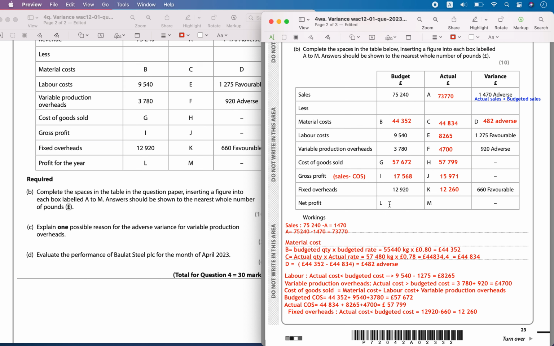Then finally we have the net profit. How do you calculate the net profit? From the gross profit minus fixed overheads.